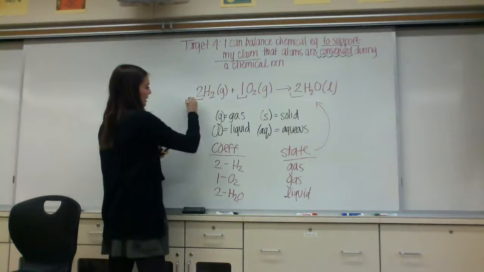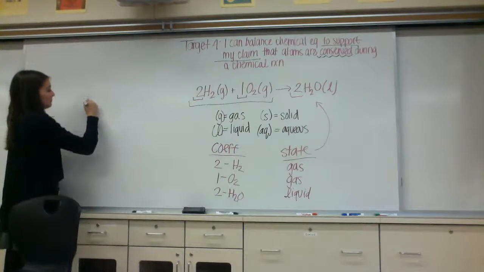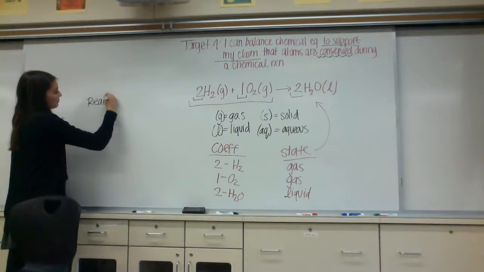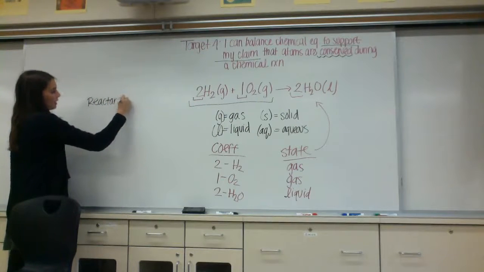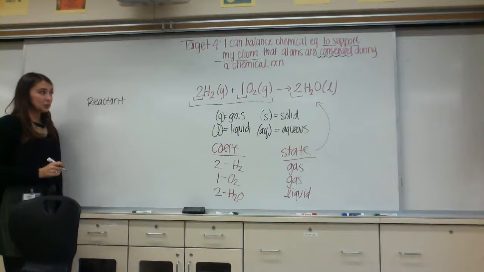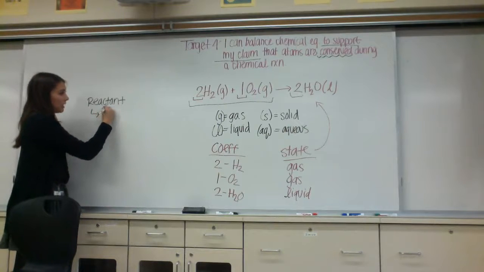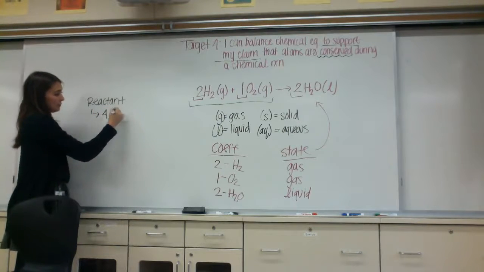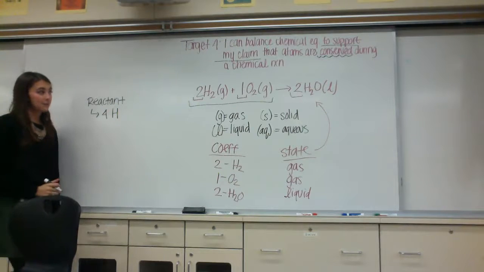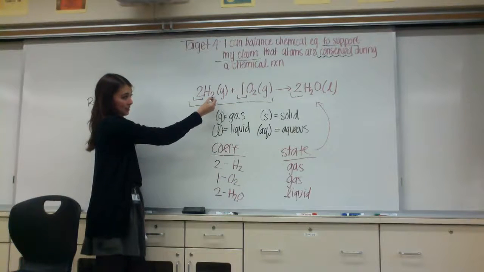So I'm just looking right here. On my reactant side, I should have how many hydrogen? Okay? This is tricky. The answer, you should have 4 hydrogen. How did I get that? There are 2 hydrogen here. That's what our subscript tells us, right? But then we have a coefficient.